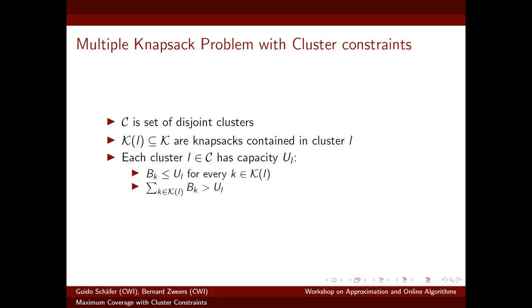Each cluster has a capacity, and we assume that the budget of a knapsack is at most the cluster capacity, because otherwise you can just reduce the capacity of the knapsack. And we assume that for all knapsacks in the cluster, the sum of their budgets is higher than the cluster capacity, because otherwise it wouldn't make sense to have the cluster capacity. It's redundant.